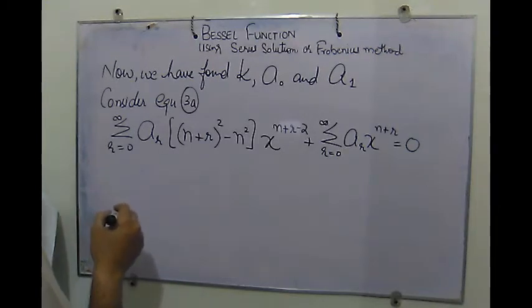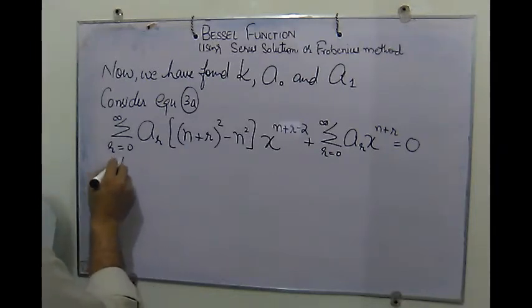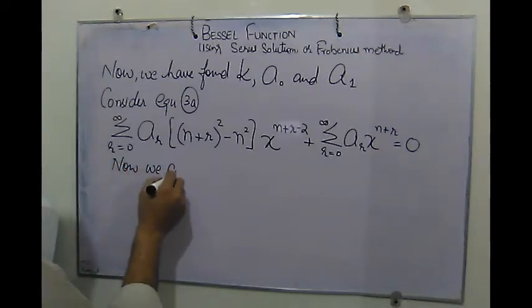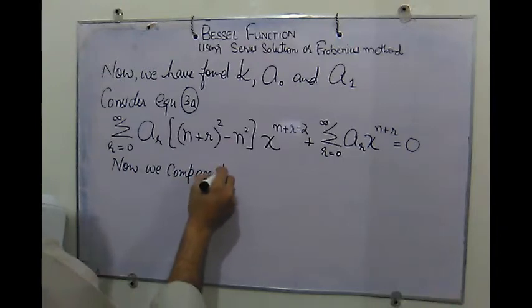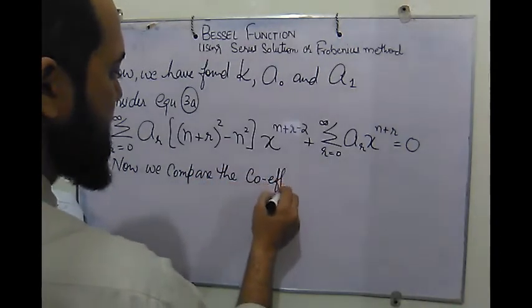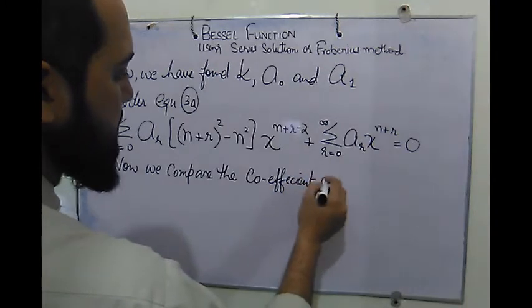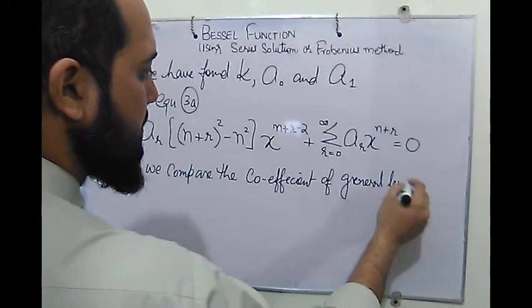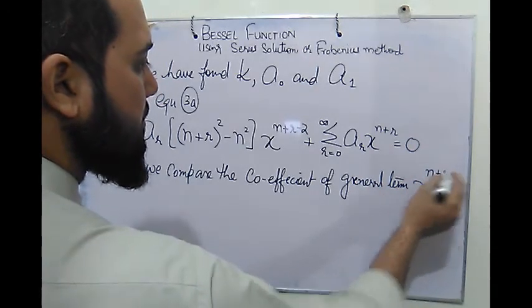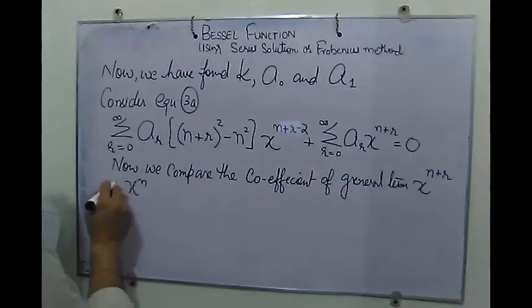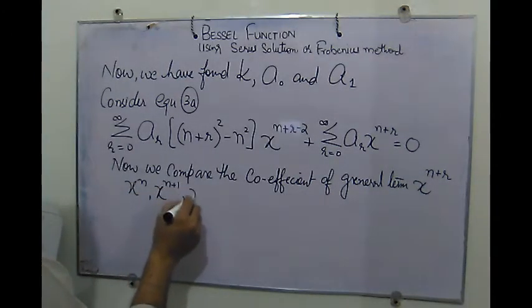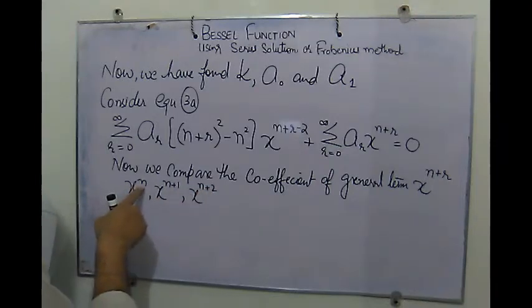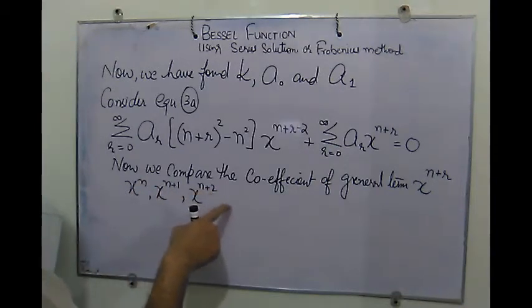At this time, we are not going to compare the coefficient of x to the power n, n plus 1, n plus 2, but we will take the general term x^(n+r), rather than x^n, x^(n+1), x^(n+2), because k is equal to n, so k plus 1, k plus 2, k plus r.